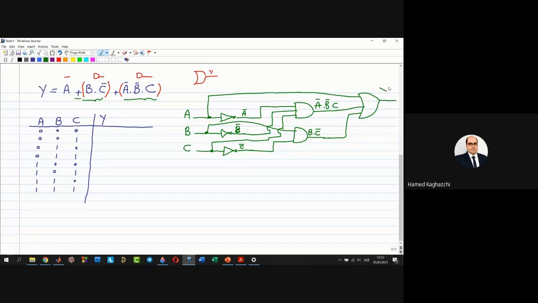Now this is my Y. I could design or produce my logic circuit according to the logic equation.